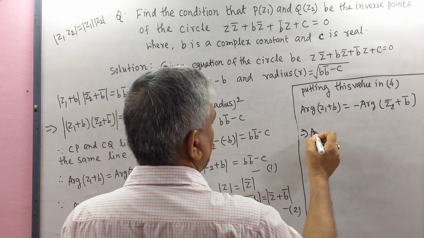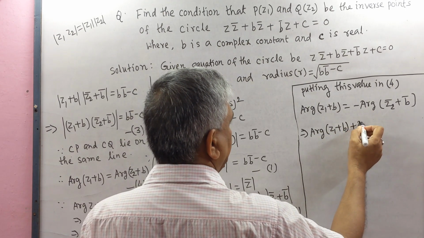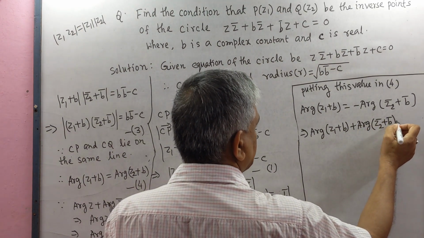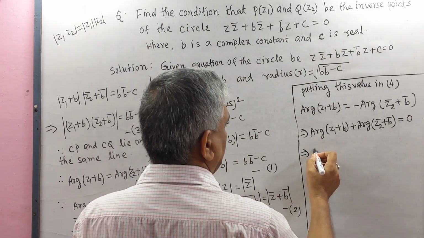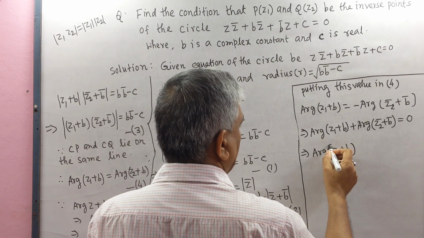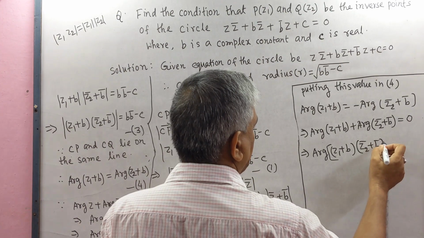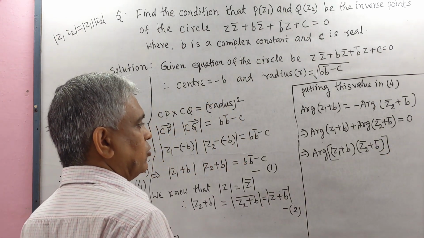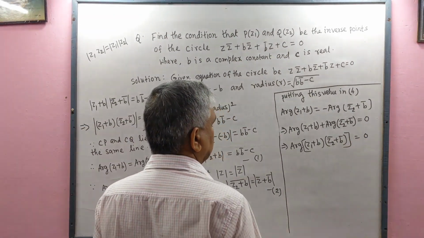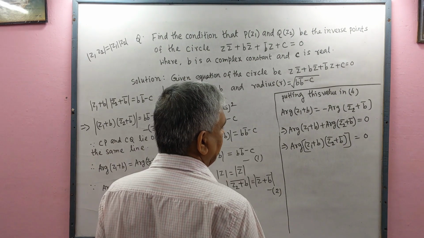This implies that argument Z1 plus B plus argument Z2 bar plus B bar equals 0. This implies that argument of Z1 plus B times Z2 bar plus B bar, since argument Z1 plus argument Z2 equals argument Z1 multiplied by Z2, equals 0.